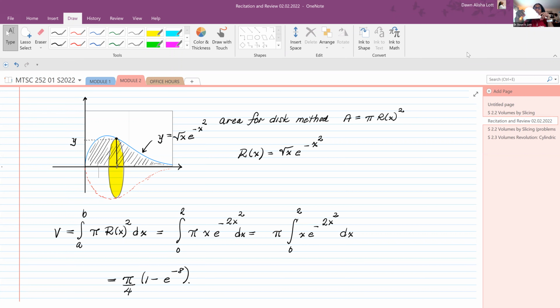This whole thing is solid. Then I choose an x, and when I rotate it, I get a disc. That disc goes all the way around for every piece.